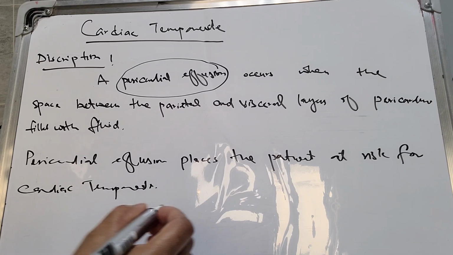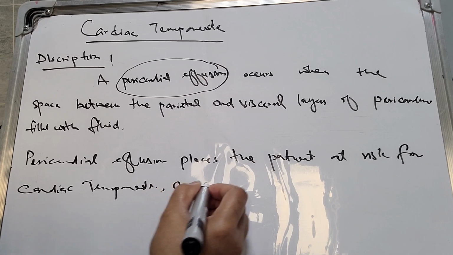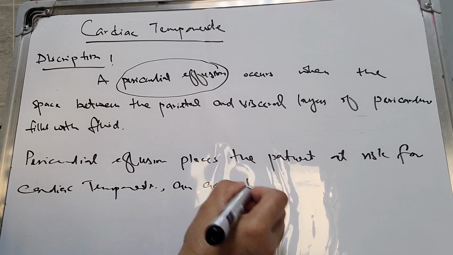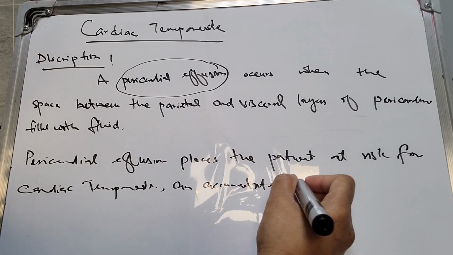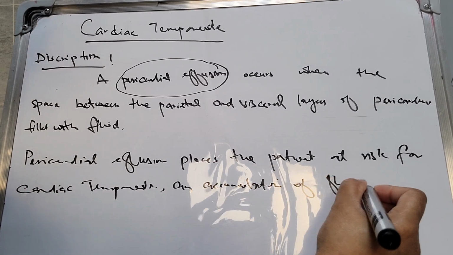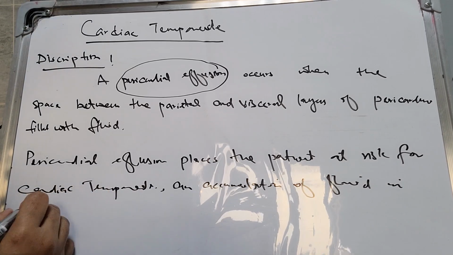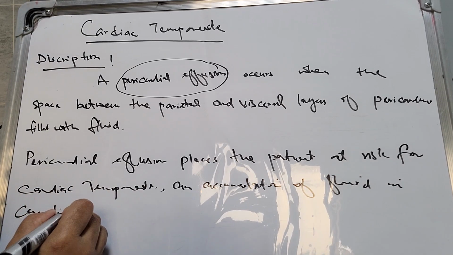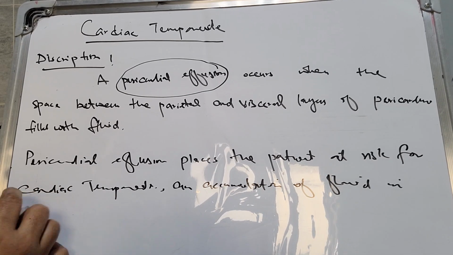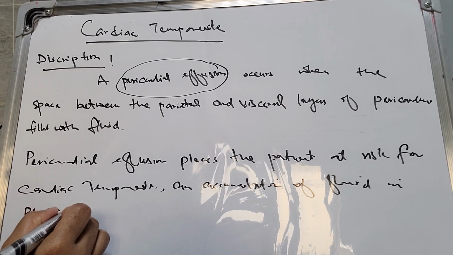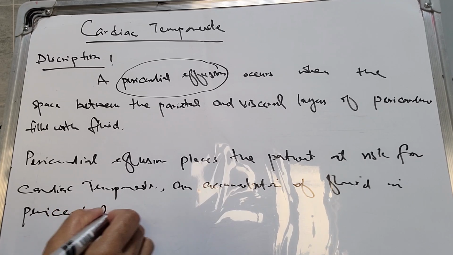And what is cardiac tamponade? An accumulation of fluid in the pericardial cavity.